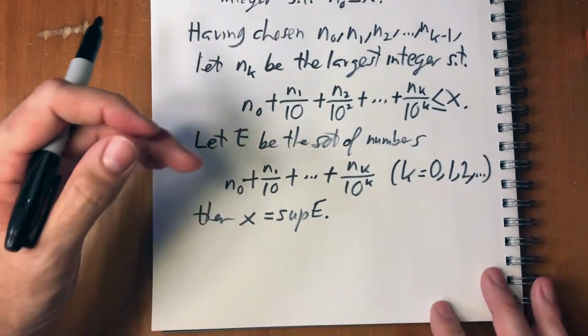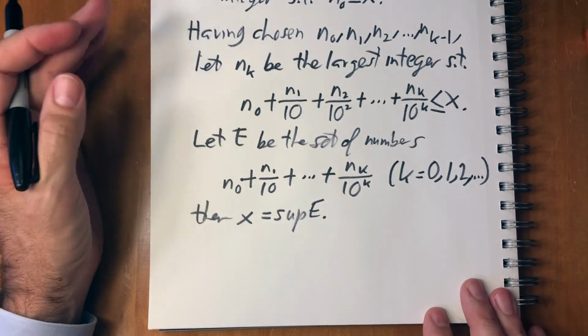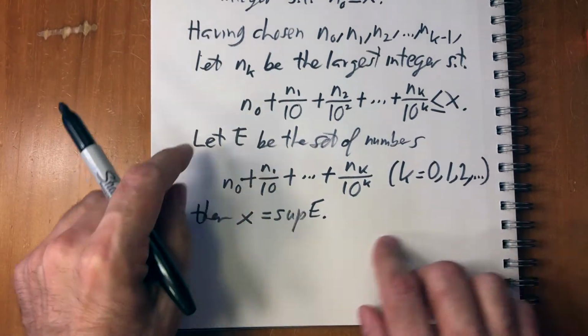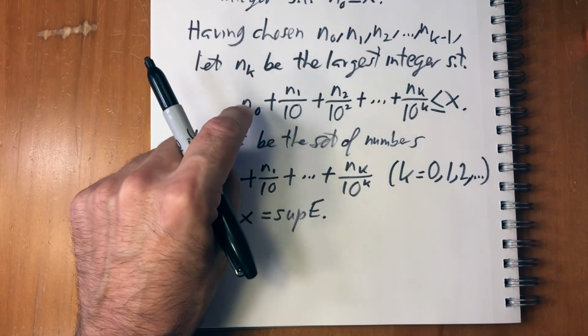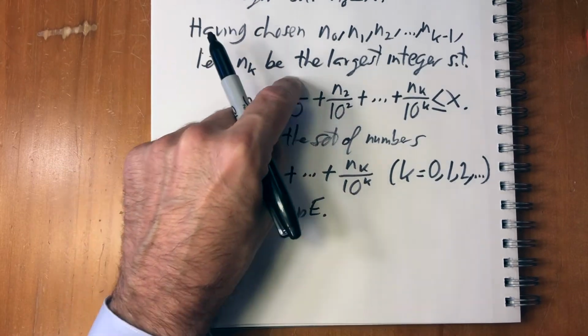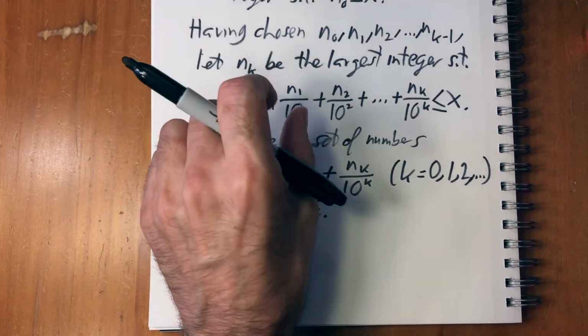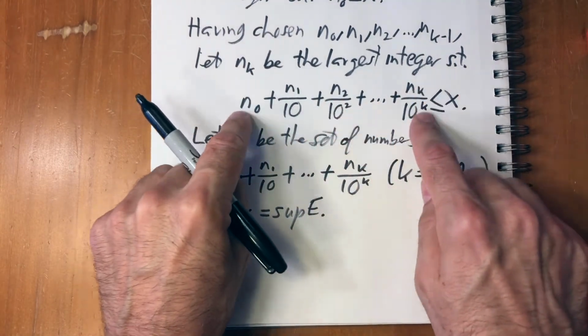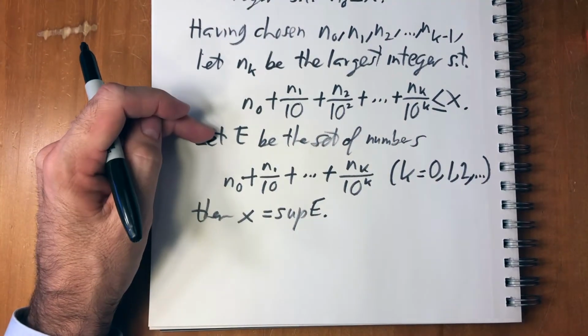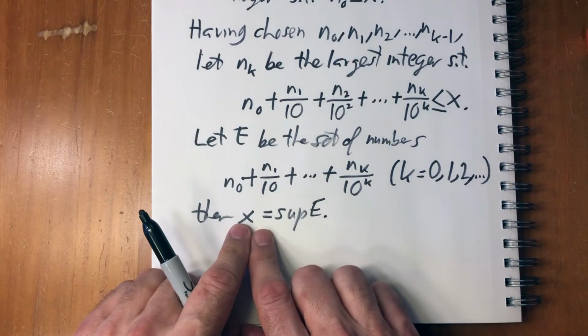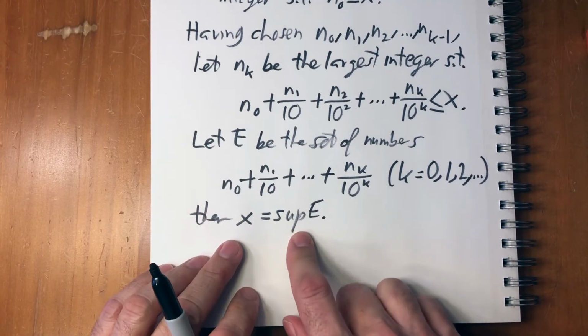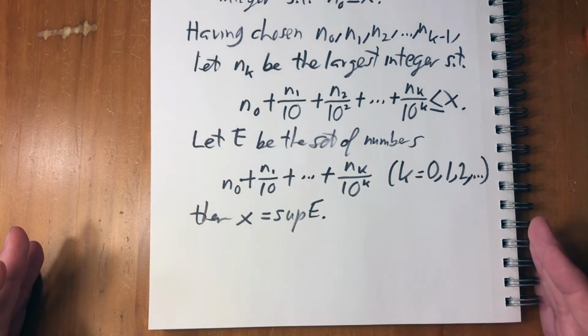Then we let E be the set of each one of these numbers, so the set would be just n0, and then n0 plus n1 over 10, then n0 plus n1 over 10 plus n2 over 100, and so on. So each one of these partial sums is an element of E. Then x is the supremum of that set.